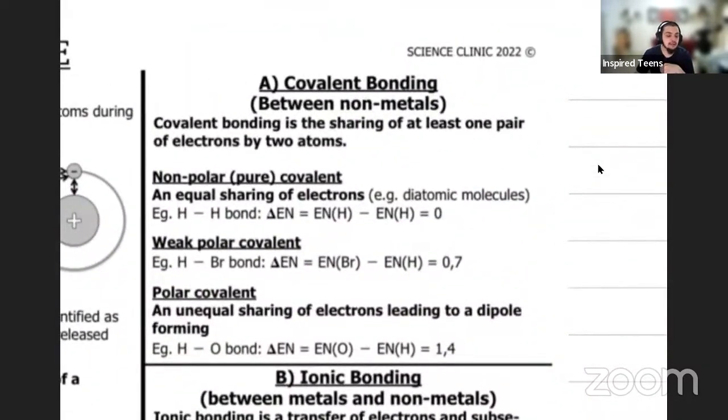Let's discuss covalent bonding and give it a definition. Firstly, you need to note that it is between non-metals. Covalent bonding is the sharing of at least one pair of electrons between two non-metals.